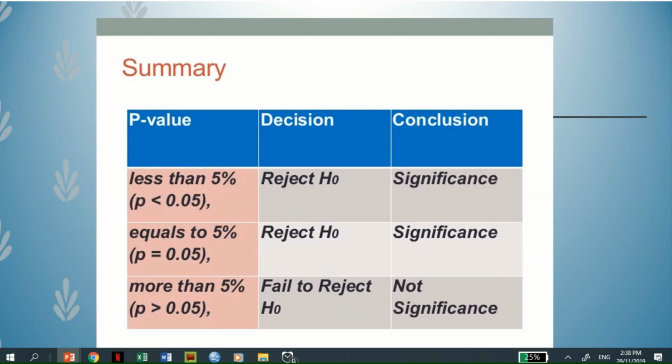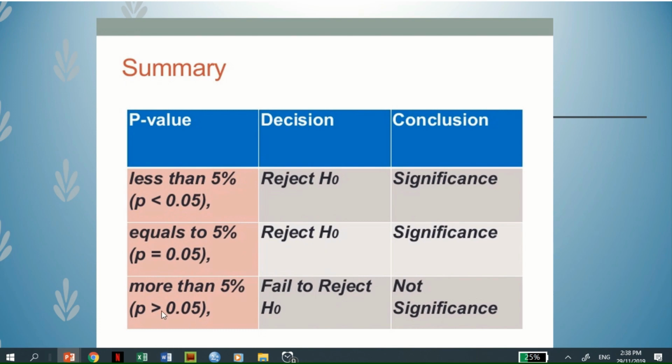Let's try to summarize about the p-values. If we see that the p-value is less than 0.05, then that means that the null hypothesis is to be rejected. And if the p-value is equal to 0.05, it would also mean that the null hypothesis will be rejected.